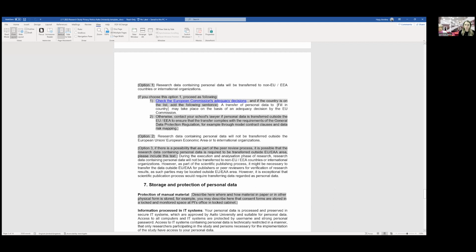But these are kind of doable if you know it before you start collecting the data. But the kind of question I also receive myself is that the data has already been collected, the participants have been informed, and after all that, you have this really interesting researcher outside the European Union that you would like to transfer the data to. So in those cases, we really don't have any tricks for you to solve the issue.